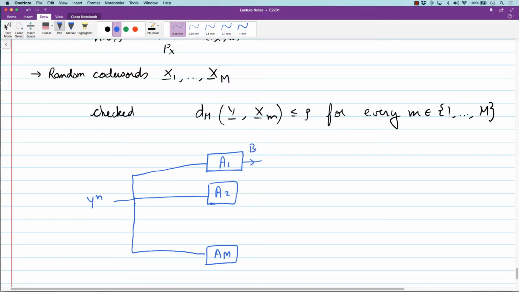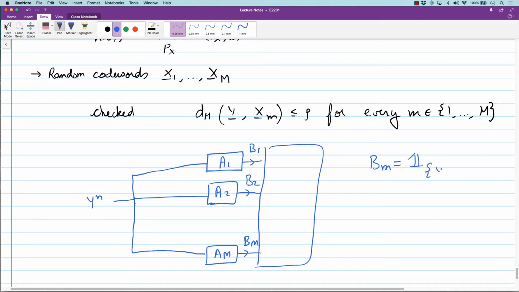These are the bits b1 to bM, where the bit bm is the indicator function that y^n belongs to Am.